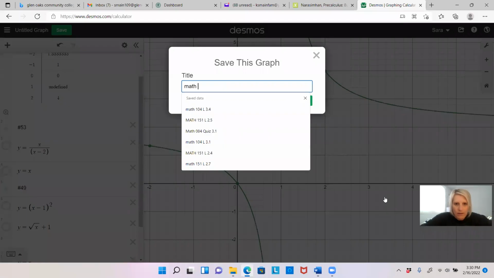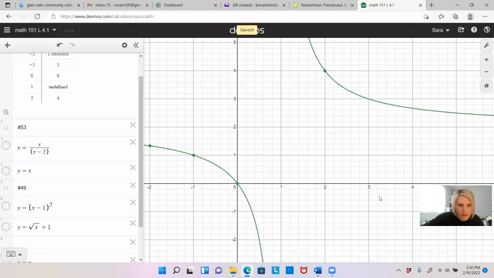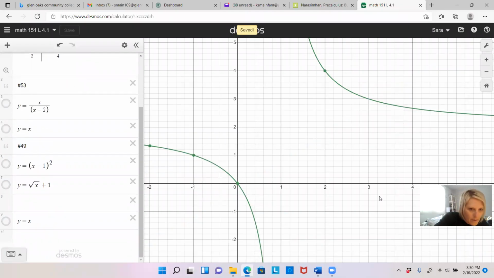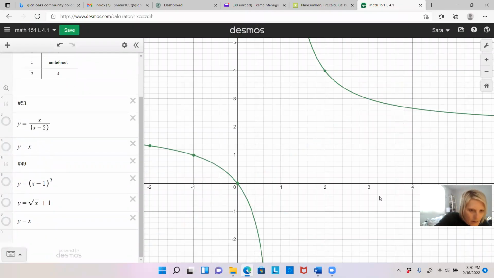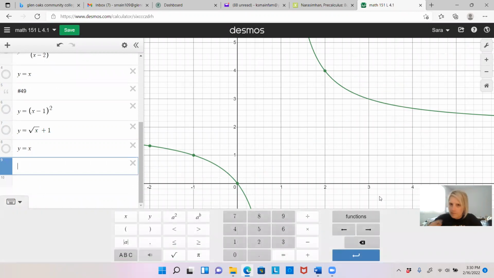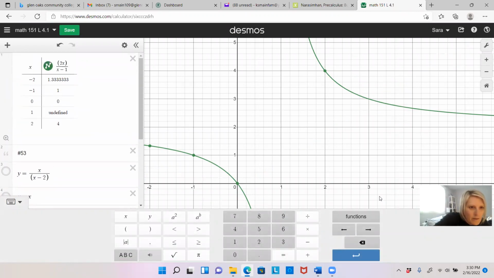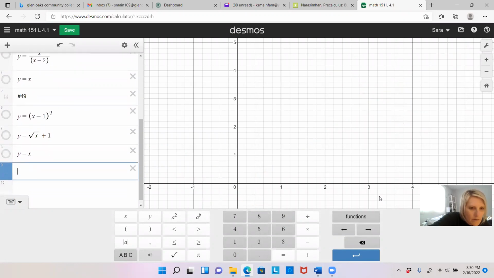This is now lesson 4.1. Okay, so let's go down here. Something is graphed. Okay, now we can go down here. So we have to go up and say we want to make a table.